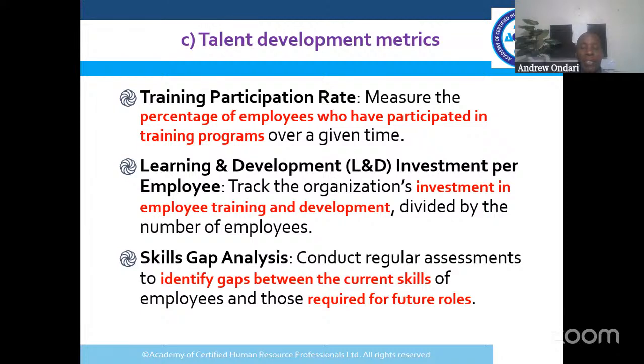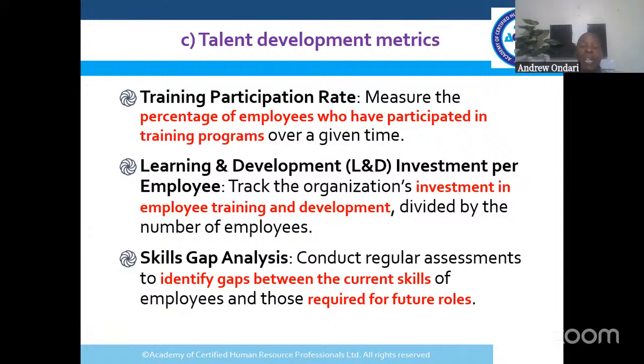Number 3, we look at the skills gap analysis, where we are assessing on a regular basis the skills of our employees who are currently on the payroll. Why should there be regular assessment? It is because of the need for continual improvement. Because if we take a long time to identify gaps, then that will affect employee performance.